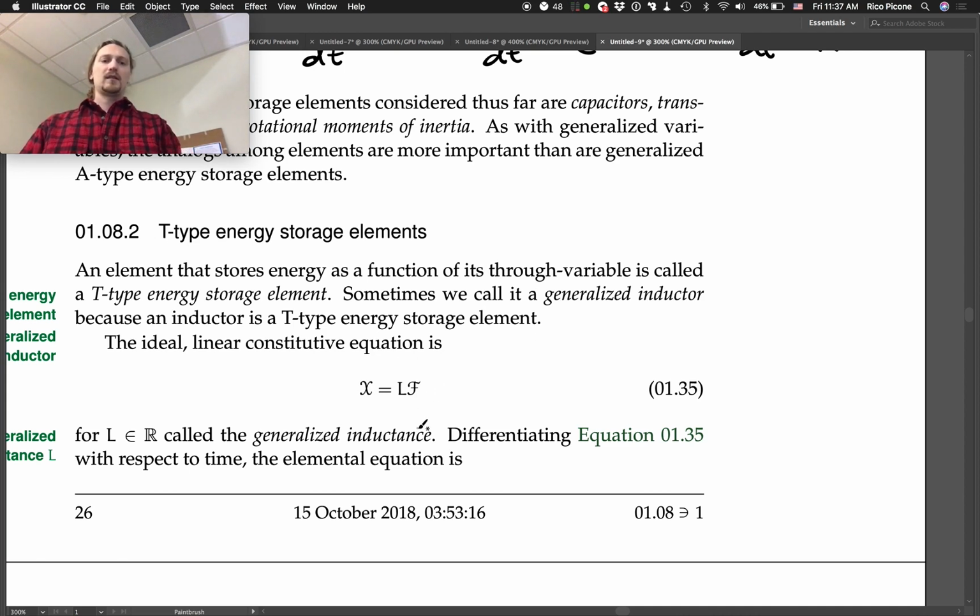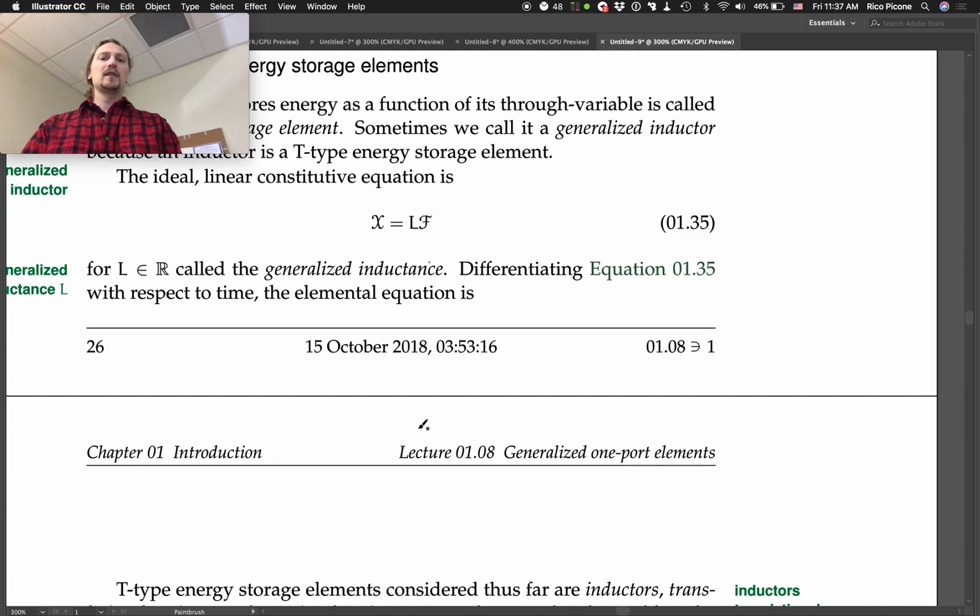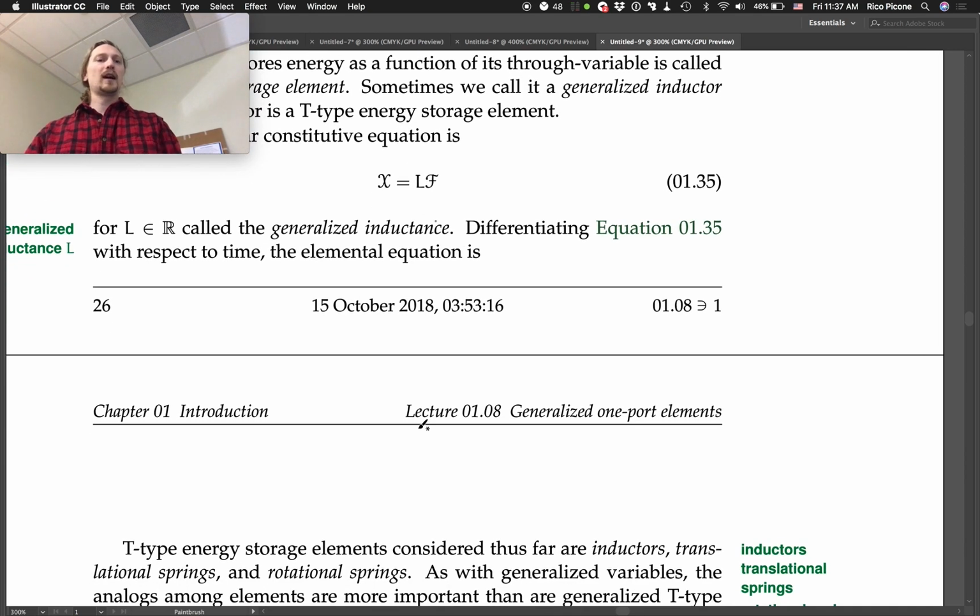If we differentiate, as usual, with respect to time, we get, so dx dt, if you take the time derivative of the integrated across variable, you get back the across variable.